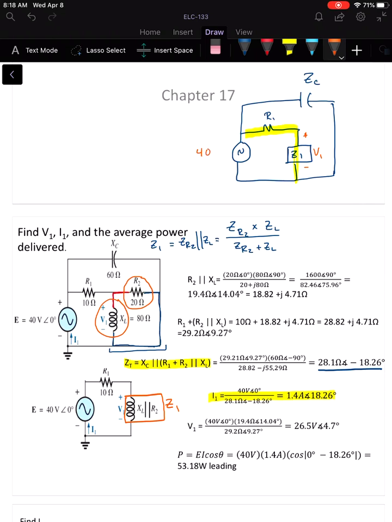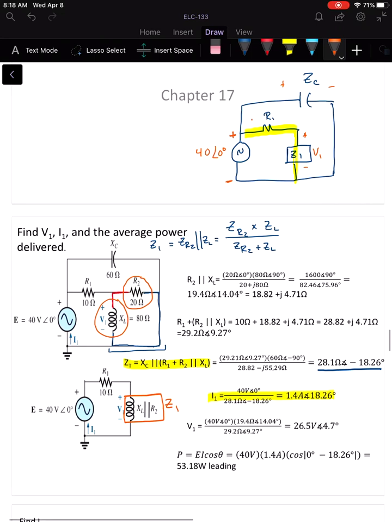The 40 volts that we have at 0 degrees is the voltage drop from here to here. It's the voltage drop across my capacitor, and across my branch with the resistor R1 and Z1. So this becomes a voltage divider.